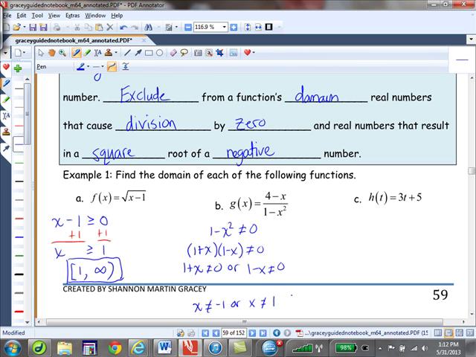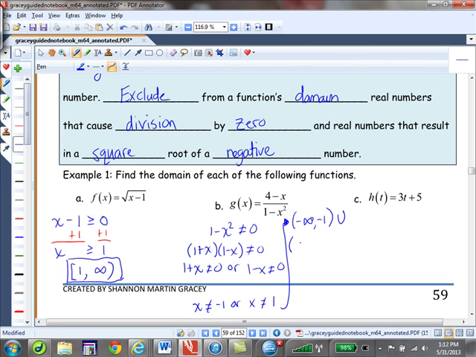Now, in interval notation, if you haven't learned this already, we basically are saying every number except for negative 1 or 1. So we can go all the way from negative infinity to negative 1. We put parentheses around the negative 1 because we don't want to include it. Or, now or is denoted by this union sign.